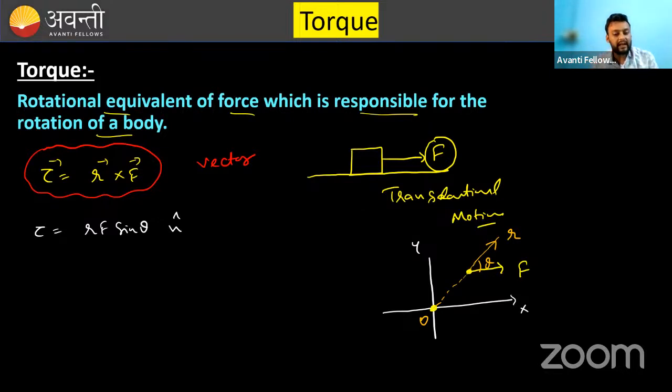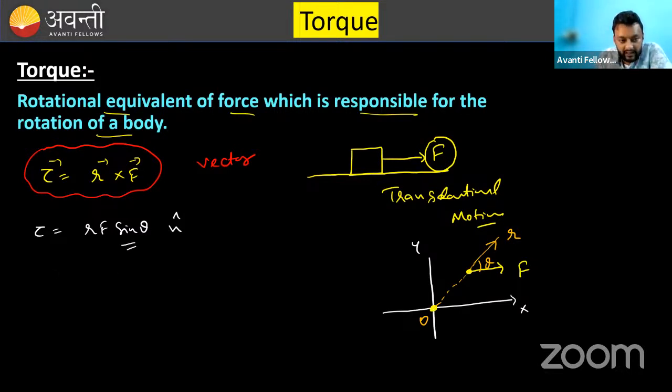Here n cap is the direction, and this direction is calculated using the right hand thumb rule. I have explained the right hand thumb rule earlier, so I am not going to discuss it here. This is how the direction is calculated.